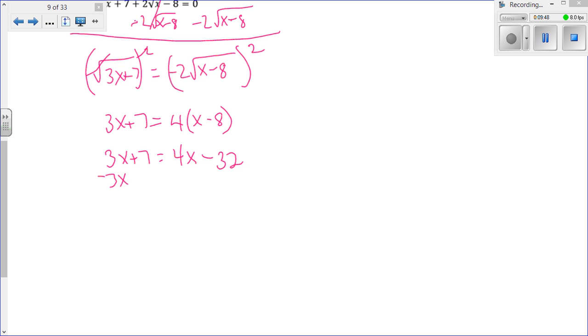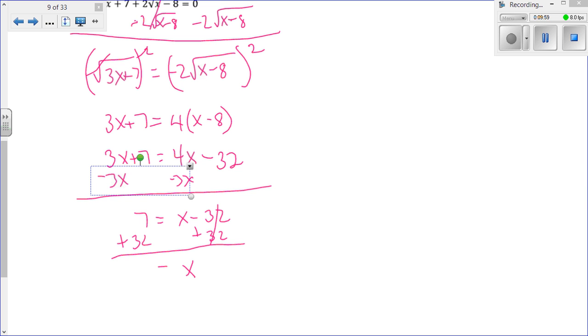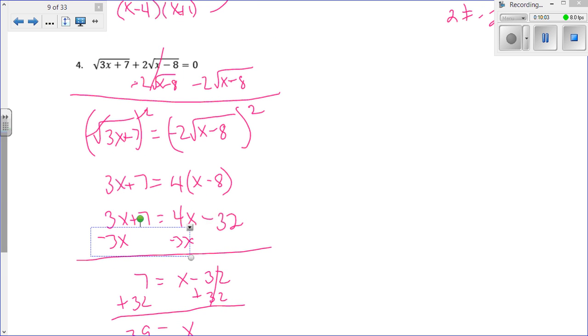Subtract 3x. So I have 7 equals x minus 32. Plus 32. So x equals 39. So check the square root of 3 times 39 plus 7 minus 2 times the square root of 39 minus 8 equals 0.